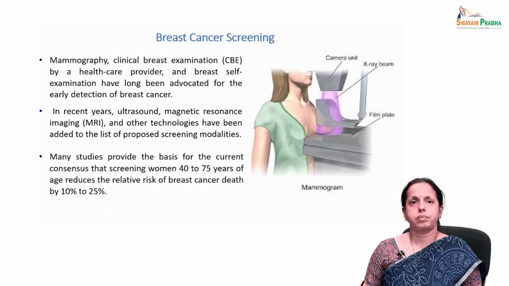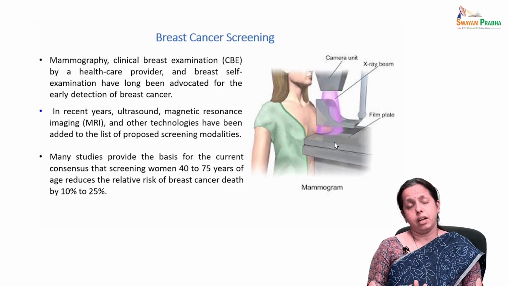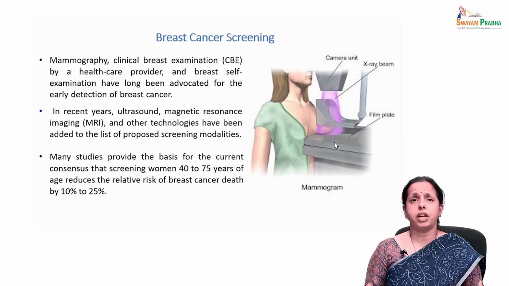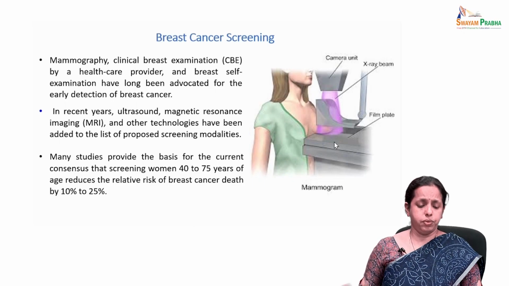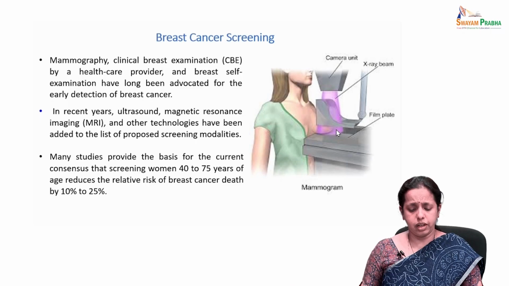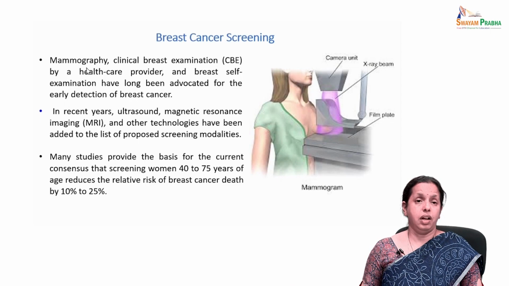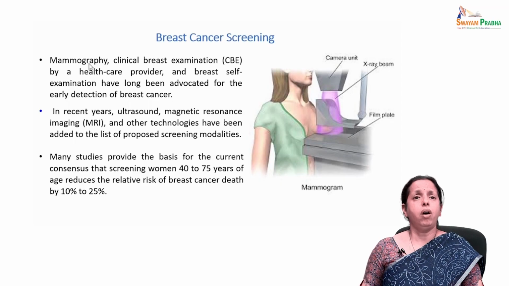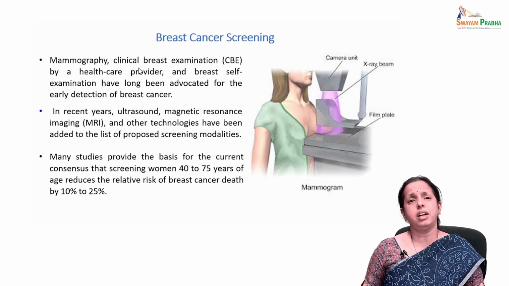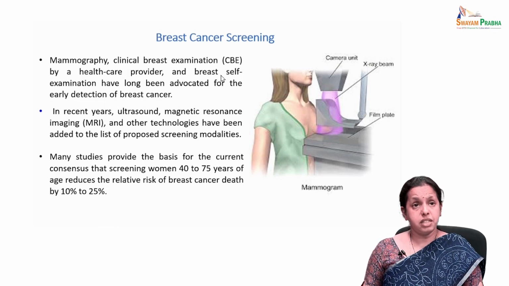Coming to the cancer detection methods for cancer types, at first we will come across breast cancer screening. This is how many mammograms are done. First the mammography is done, which is now very much an important diagnostic tool, or CBE, that is your clinical breast examination by a healthcare provider, and breast self-examination.